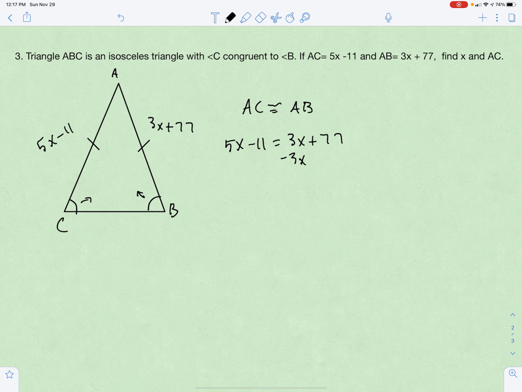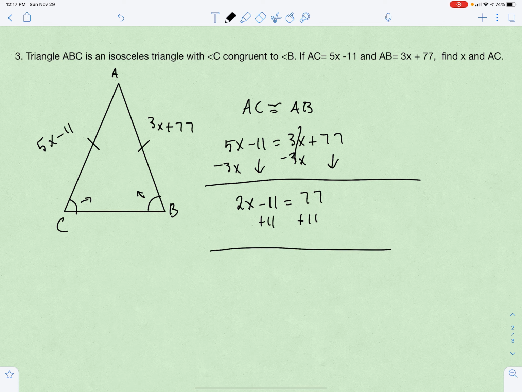I'm going to subtract 3x from both sides first. Everything else comes down. So 5 minus 3 is 2x. Minus 11 is equal to 77. Now I'm going to add 11 to both sides. That comes down and I get 2x is equal to 88. Divide both sides by 2 and I get x is equal to 44.